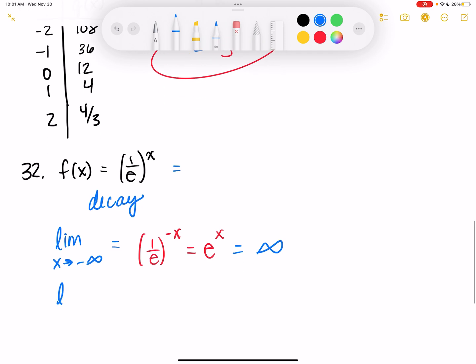And then my limit as x approaches infinity, so as x gets really, really big, like 500, I have 1 over e to the 500. It's still positive, but 1 over that is really, really small.